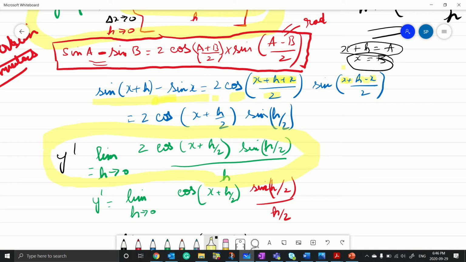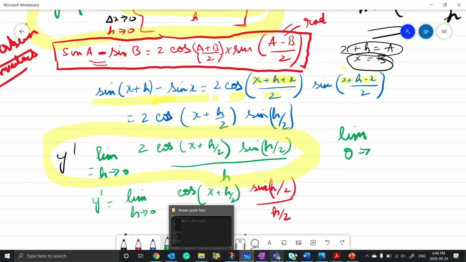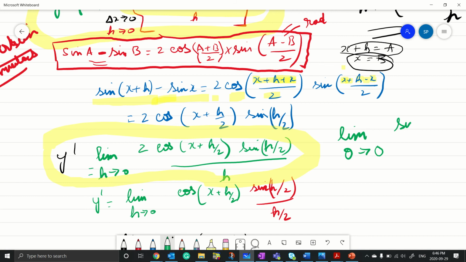So we have a general limit which exists in limits and continuity. The general limit is limit theta tending to 0, sine theta by theta, and this limit is nothing but 1.